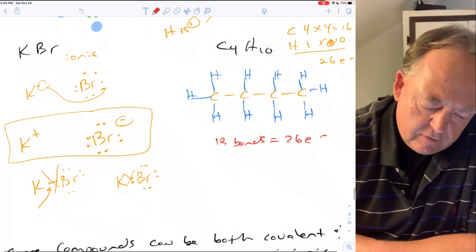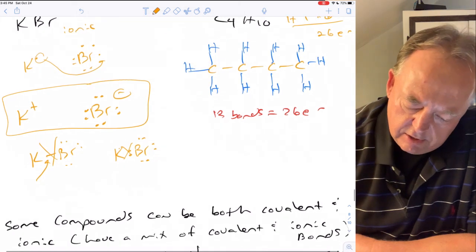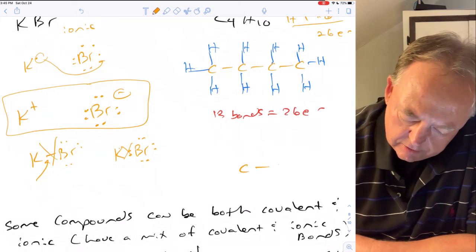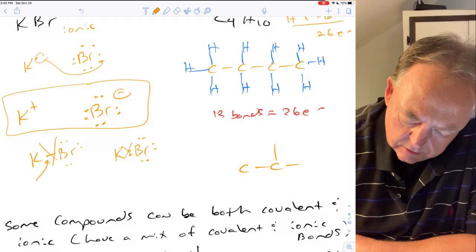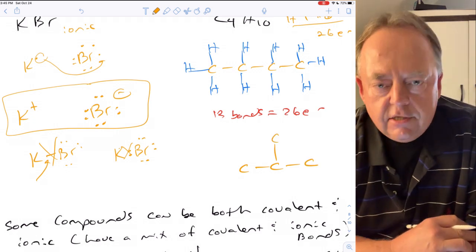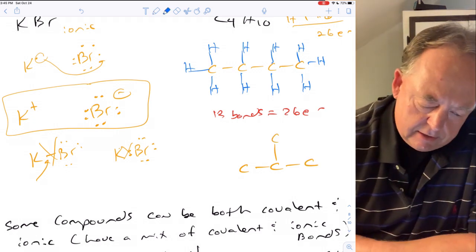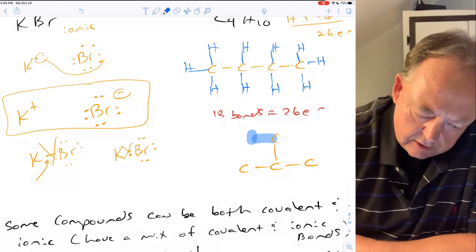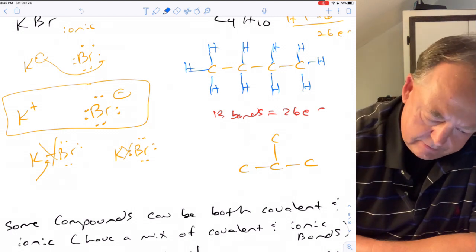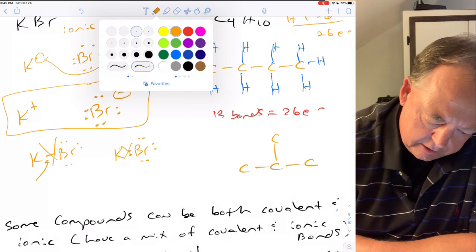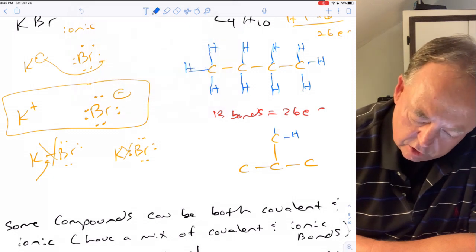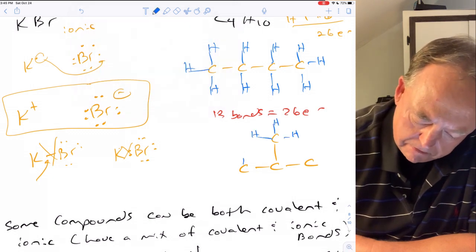Right. Now you could have also come up with a different structure. You could have attached the 4 carbons like that, and then attach each hydrogen, each carbon to give 4 bonds.